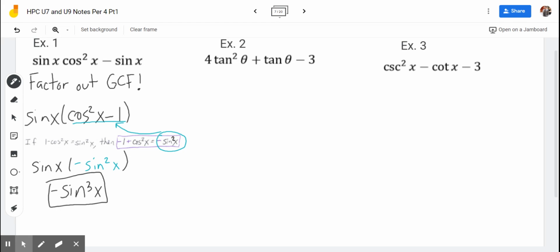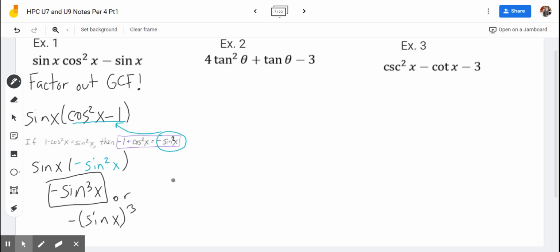You can write it like this, or you could also technically write it as sine of x times negative sine of x quantity cubed. Actually, I should probably put the negative sign outside here, because PEMDAS would be exponents and then multiply by the negative value after.